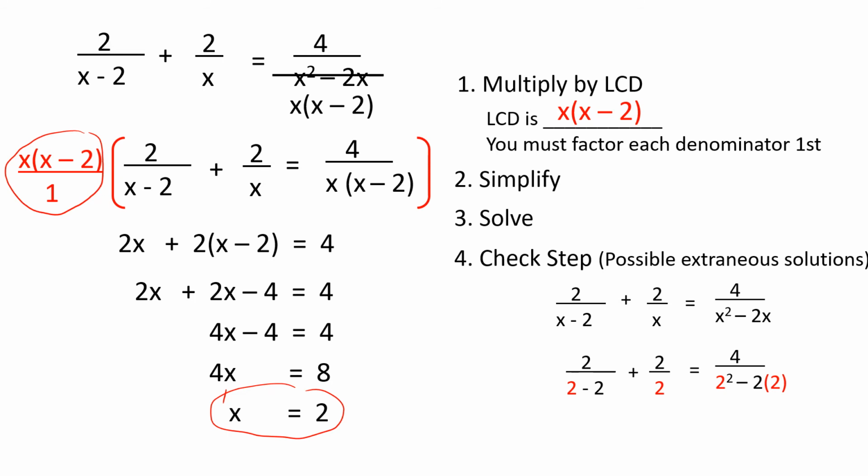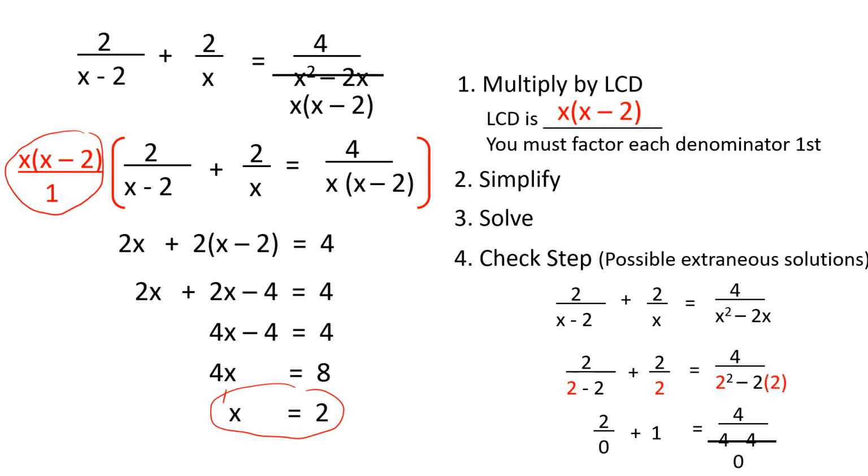Looking at the first fraction on the bottom, the denominator, 2 minus 2 is going to give me 0 on the bottom. 2 divided by 2 is going to give me the 1. Then we know that 2 squared is 4 and -2 times 2 is -4, correct? By looking at that fraction on the far right, we know that 4 minus 4 is 0.